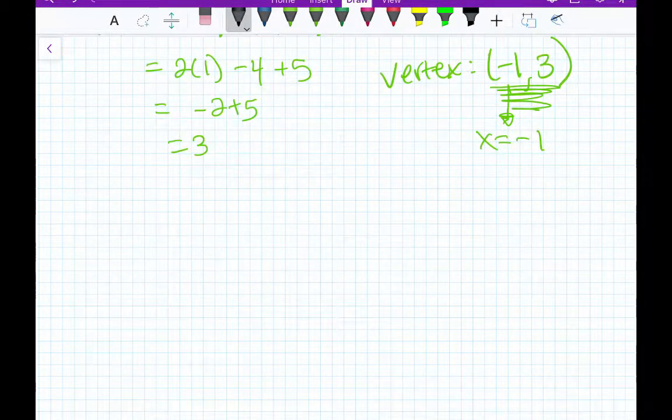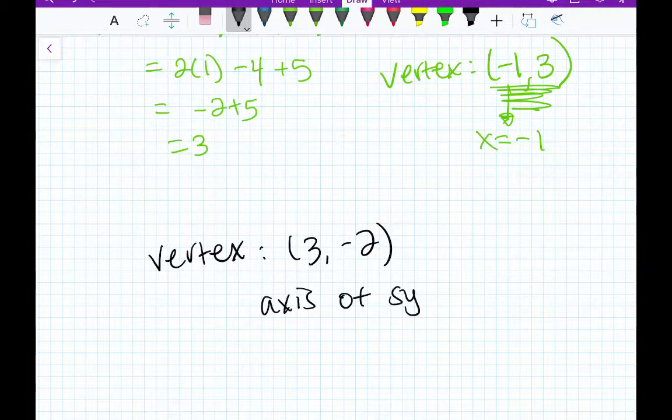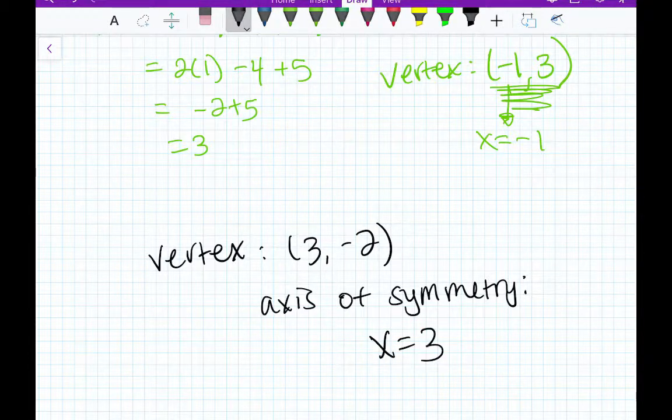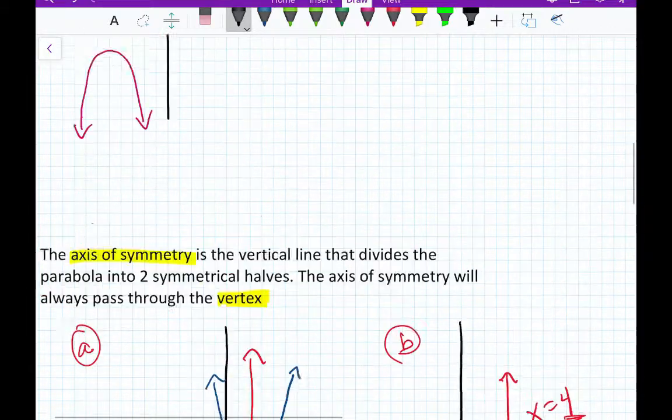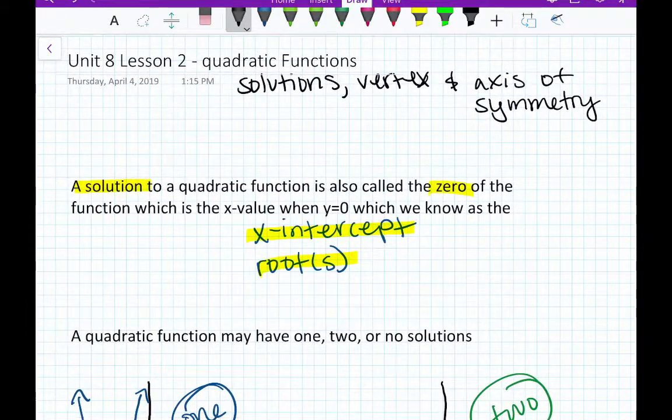So, just real quick, if I know my vertex is (3, -2), then I know my axis of symmetry is x equals 3, because it's going to be the line that goes through the x value of the vertex, because that's what a vertical line does. So three things here: solutions, vertex, and axis of symmetry. Be familiar with them. Make sure you understand how to apply them in problem situations.